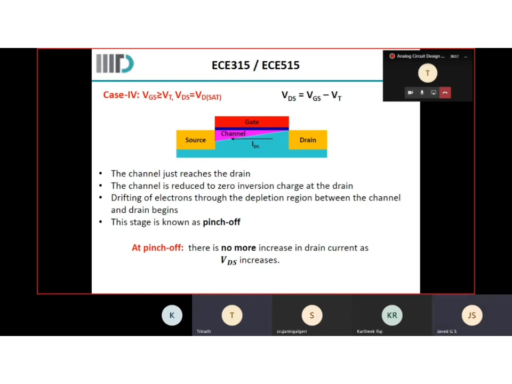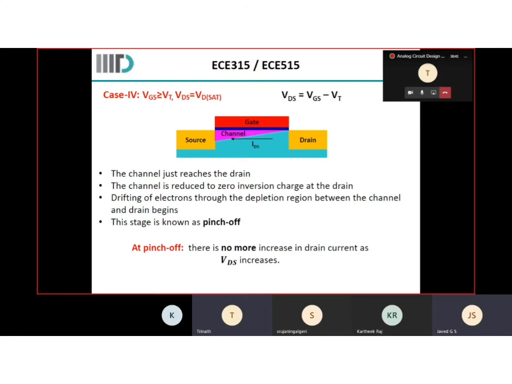When drain to source voltage is applied, if we consider a resistor, we can see that there will be a drop across the resistor. So when we apply the same concept here across the channel, we can assume that the source will be at zero potential and the drain will be at positive potential.